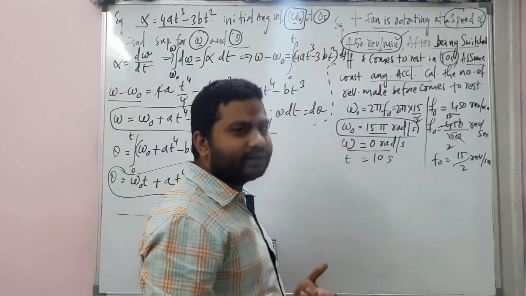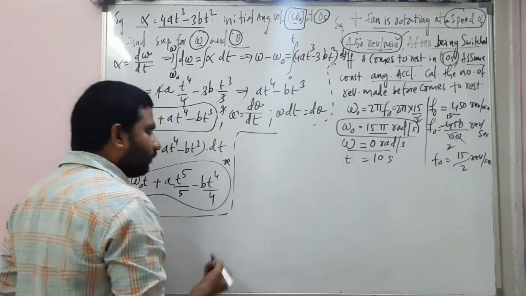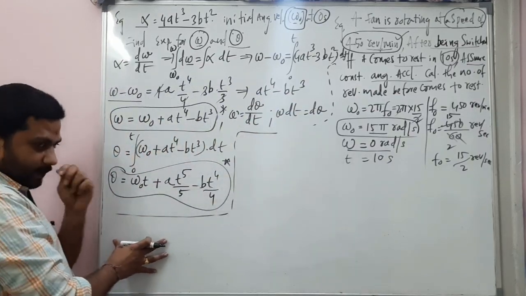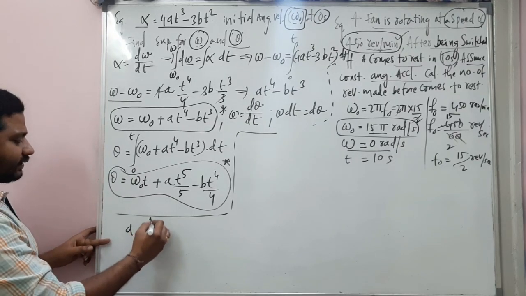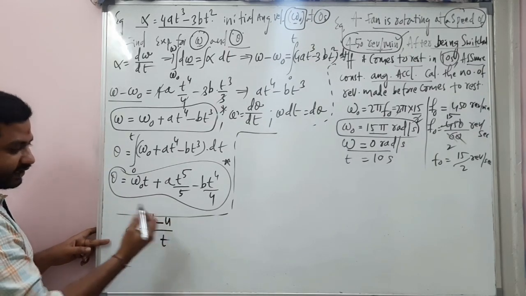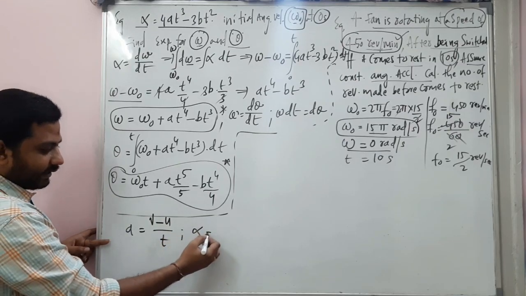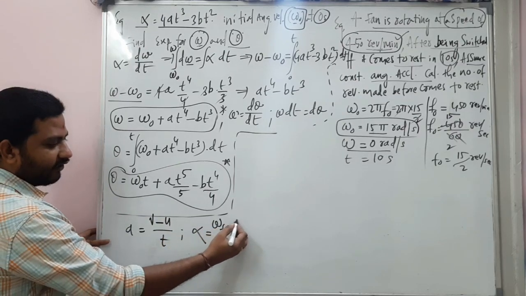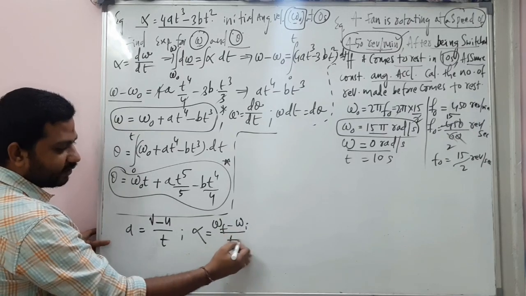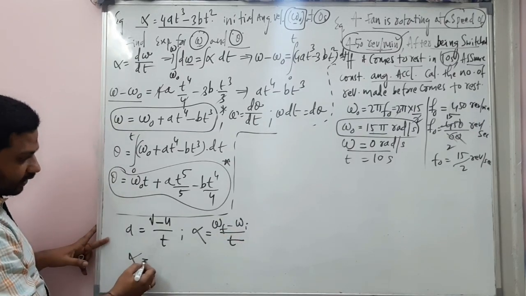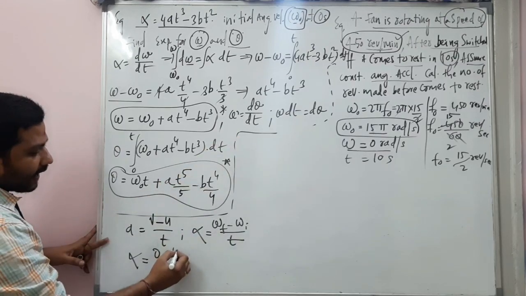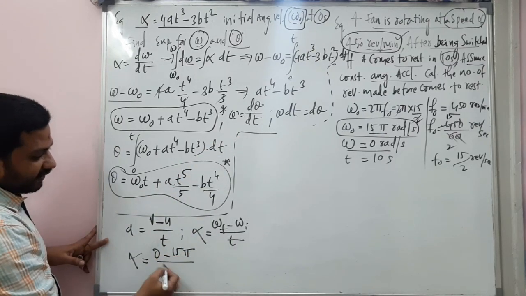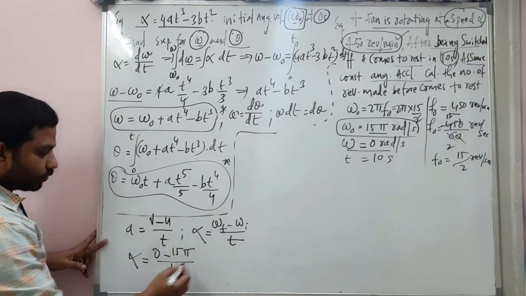We have a general formula, let me write it here so that we can use this space also. Generally, linear acceleration is v minus u by t. In the same way, angular acceleration is omega f minus omega i divided by t. So what is alpha here? Omega f is 0 minus omega i 15 pi, divided by t 10.